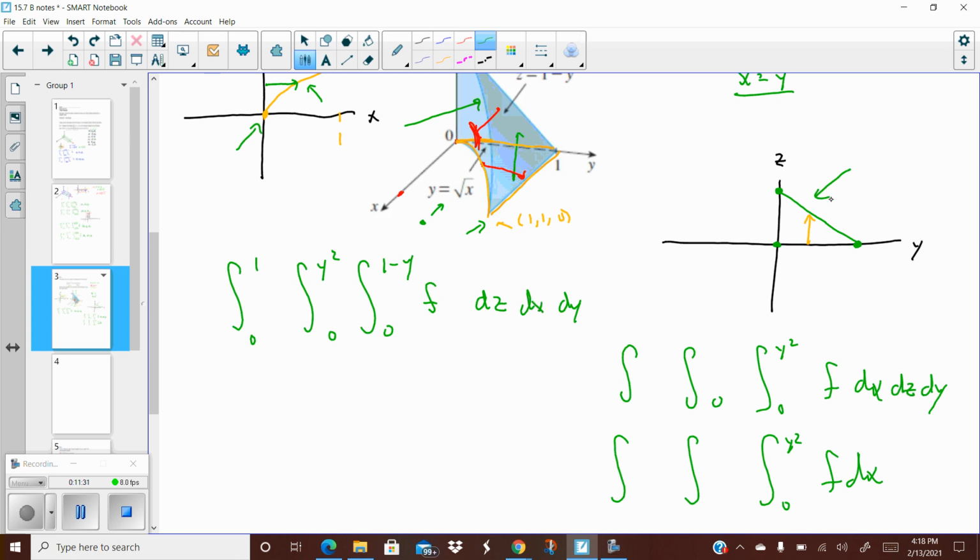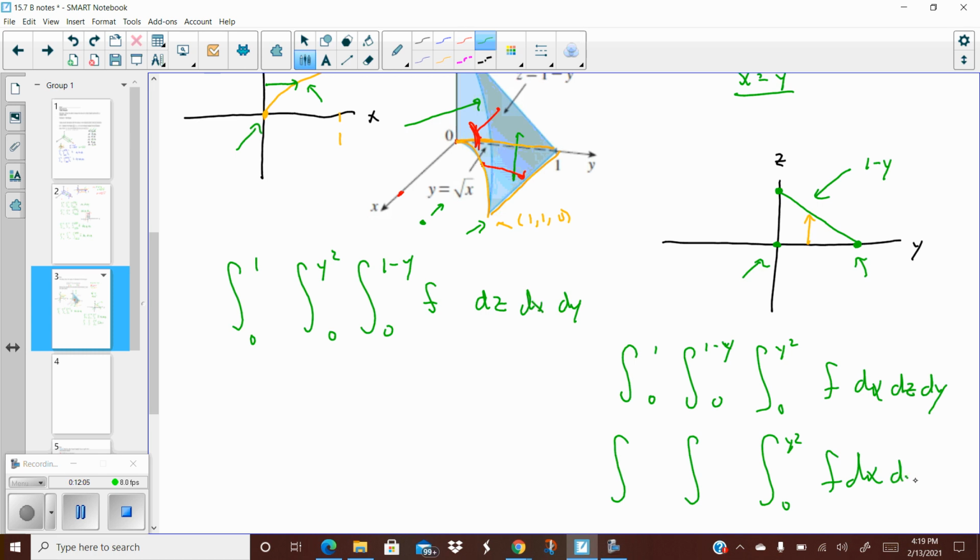Well, that line right there, we've got a z-intercept of 1, and the slope is going to be 1, so 1 minus y. So z is going to vary from 0 to 1 minus y. And then y is going to go from number to number, which is 0 to 1. And all this makes sense because the only variables that I have in the innermost integrals are y's. That's the last thing I have to take the antiderivative of, so it will work.